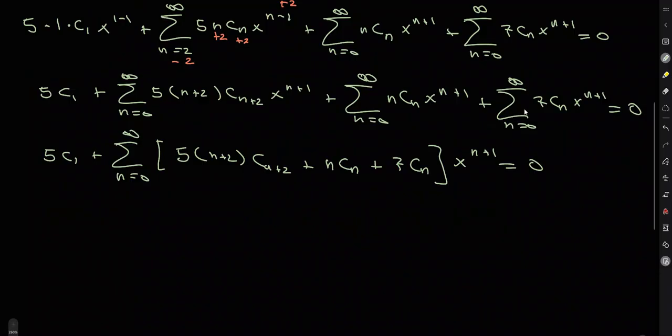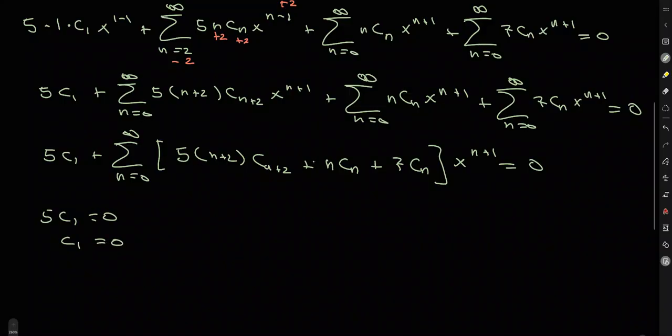So the constant on the left-hand side equals the constant on the right, that is 5c1 equals 0, which means c1 equals 0.